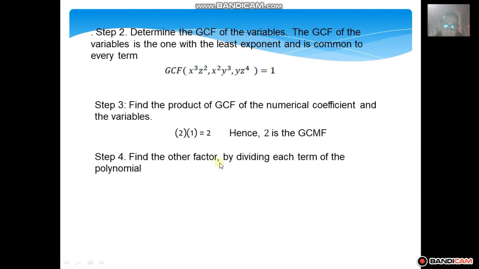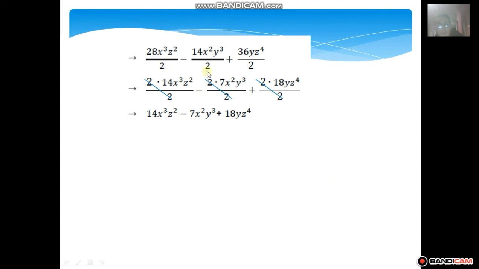Next step, find the other factor by dividing each term of the polynomial. This is the polynomial. We will divide this by our GCMF, which is 2. These are the process. First, we factor the numerators. The numerical coefficient 28, the factors are 2 and 14.